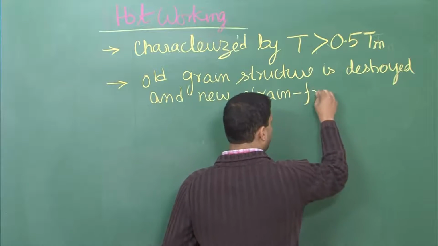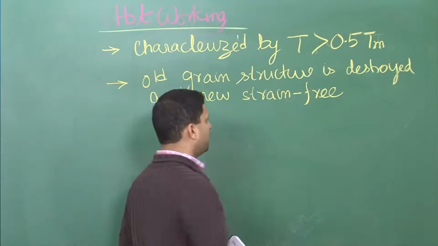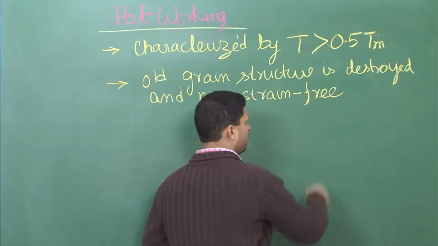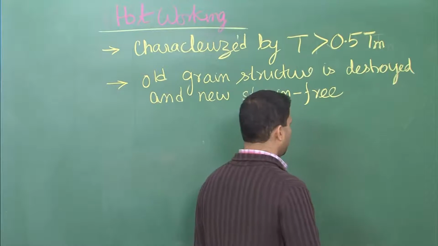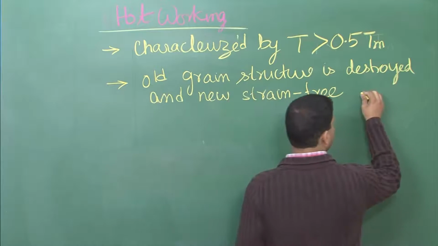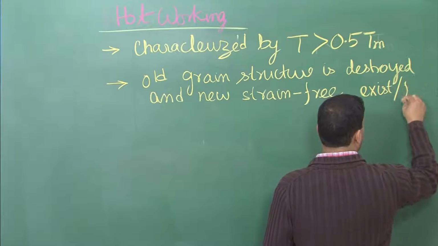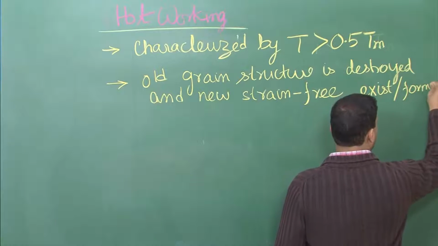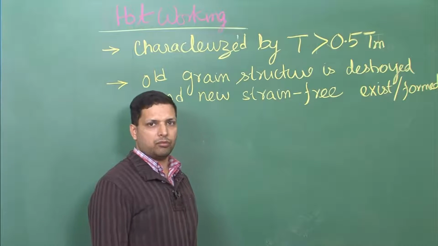It is as if these grains do not have any history of deformation. So, that is why it is called strain free. These are absolutely new grains which are recrystallized, which have formed inside the material when we are doing the deformation at temperature above 0.5 Tm.